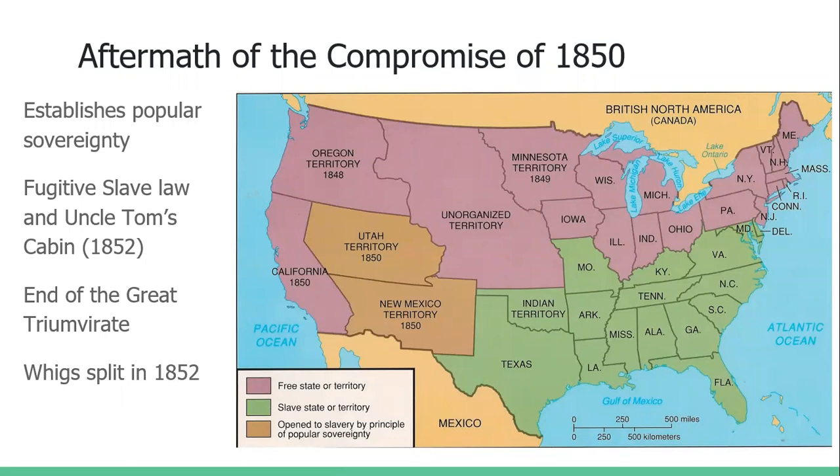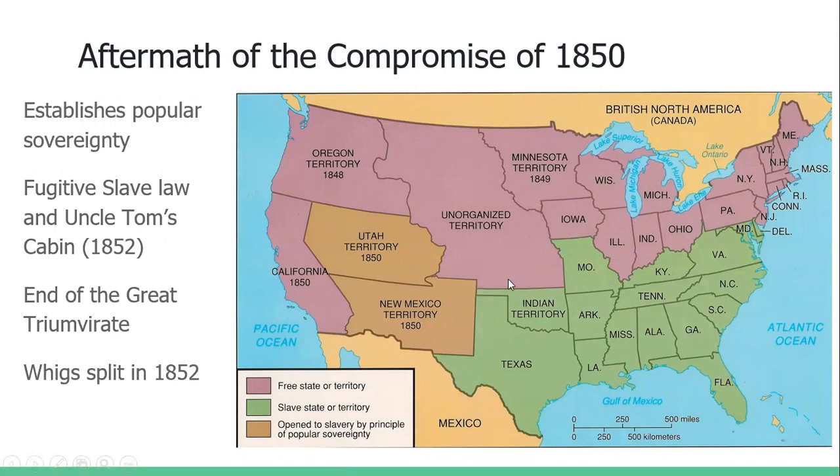All right, so after the Compromise of 1850, we're going to see the establishment of popular sovereignty. This is basically the people in the territories are going to vote on what they will become, free state or slave state. All right, so taking a look here, because it's going to play in, this is where like Kansas and Nebraska are today.